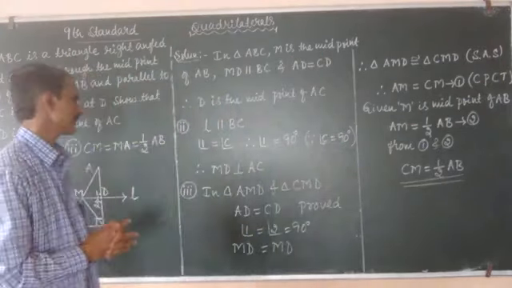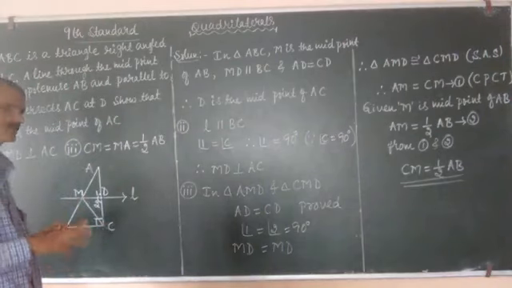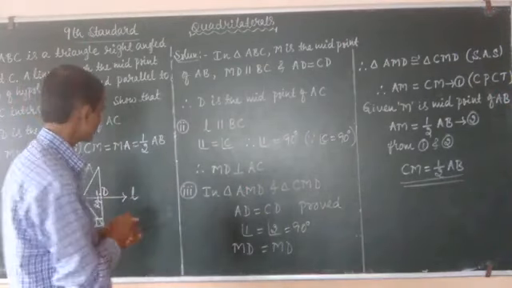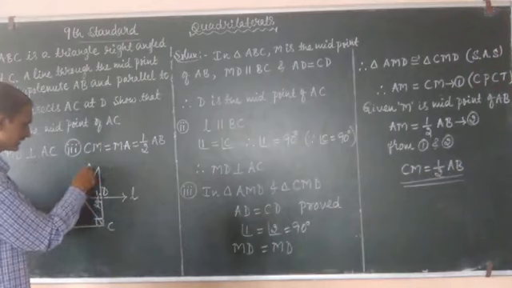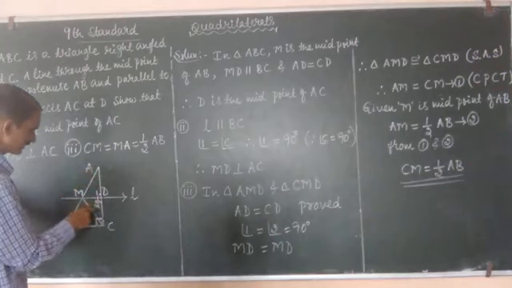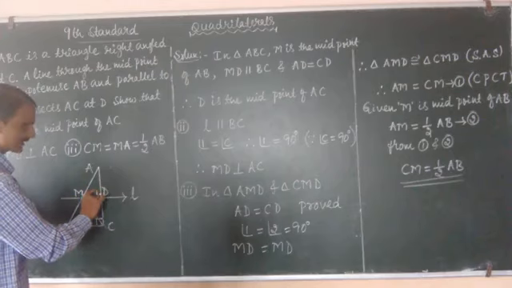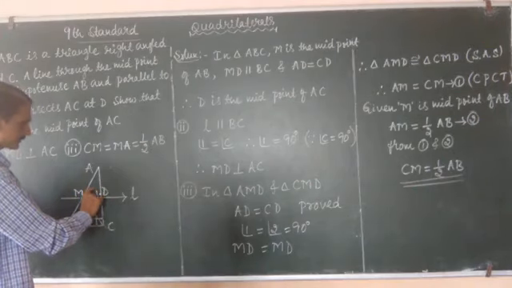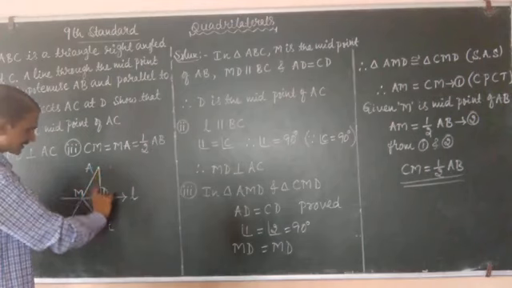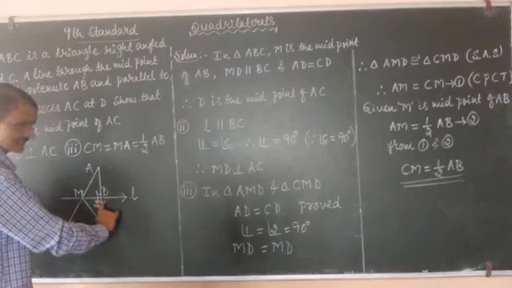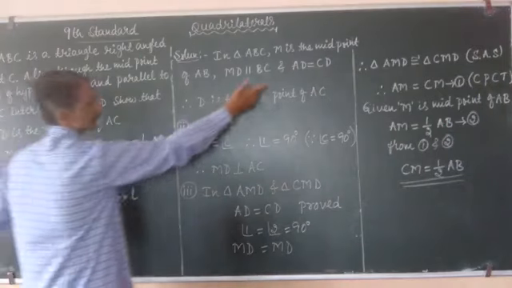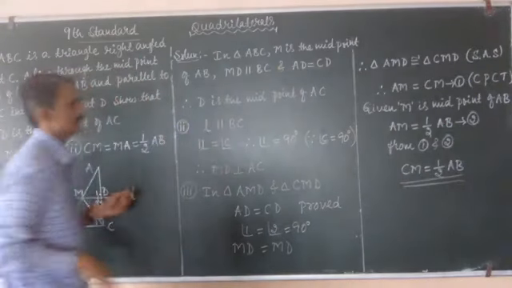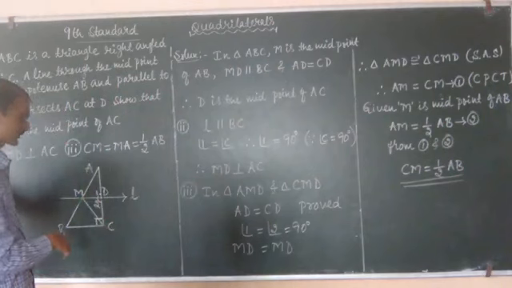And for the third proof, we have to consider two triangles, AMD and CMD. In these two triangles, side AD is equal to side CD, which we have already proved.